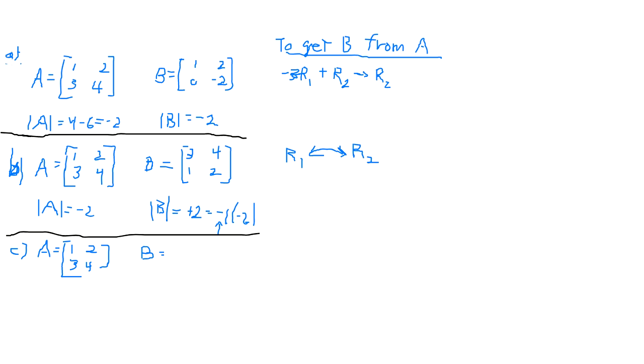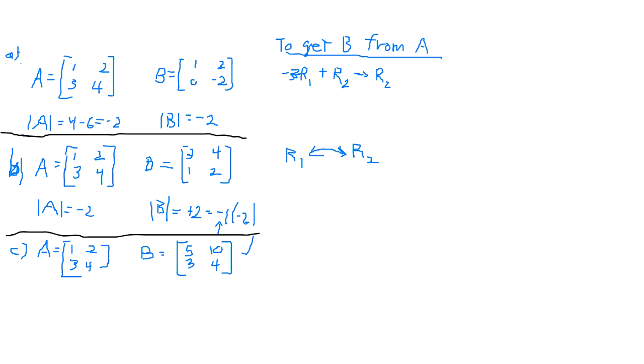So let's say that my matrix B is this matrix. What did we do to A to get that matrix B?